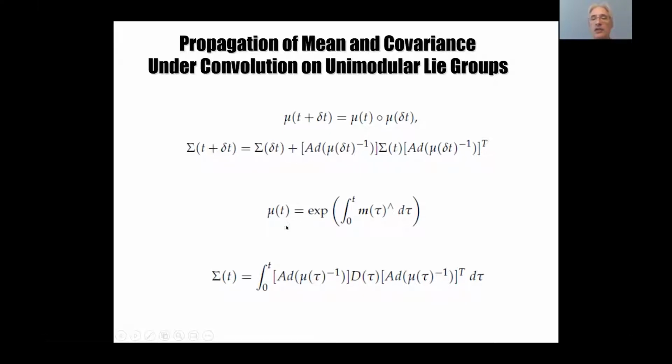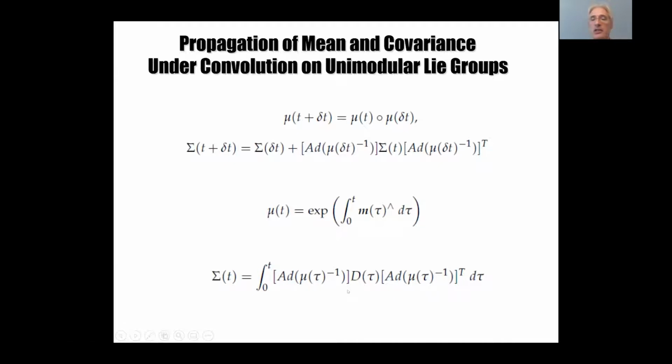And so if you have a continuous diffusion process, then by calculating the mean, integrating and exponentiating, you can get a very good estimate of the mean defined in the previous page. And likewise, the covariance can be calculated like this.